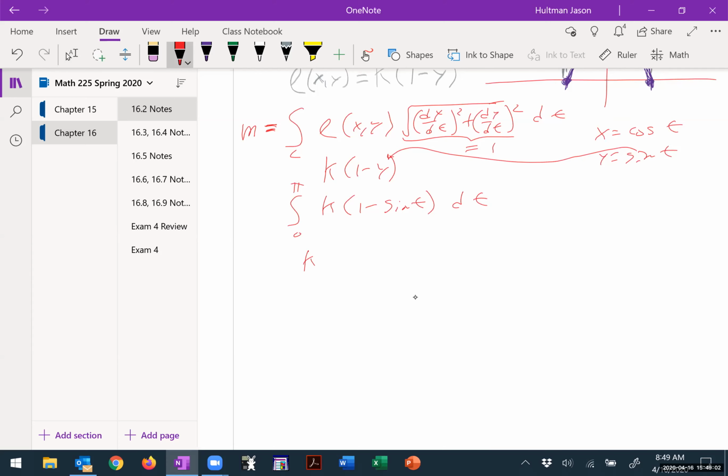I'm going to pull the k out in front: the integral from 0 to pi of 1 minus sine t dt. What's this going to be equal to? This is k times t plus cosine t, evaluated from 0 to pi.